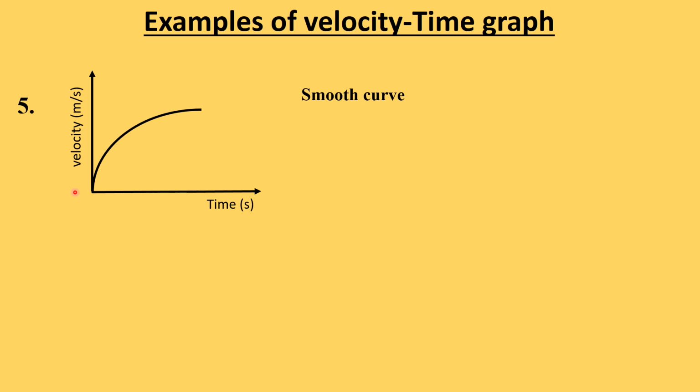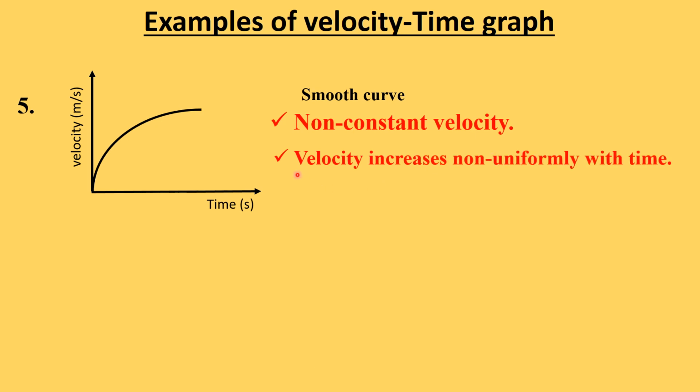So the velocity is increasing but non-uniformly. So this is a non-constant velocity, and number 2, the velocity increases non-uniformly with time. This shows that the acceleration is decreasing. So the graph shows a decreasing acceleration.